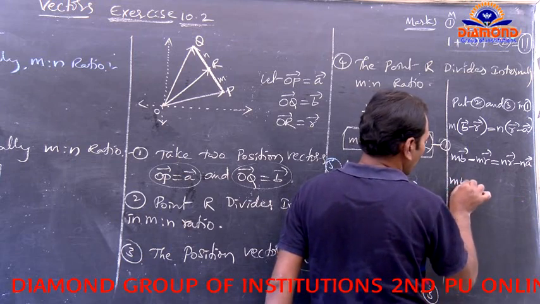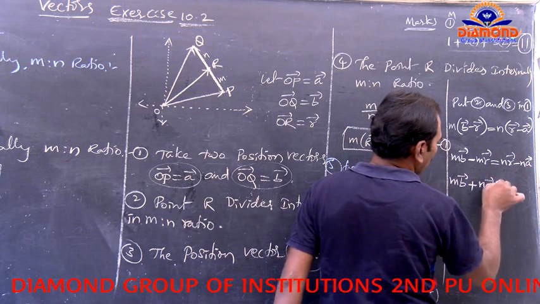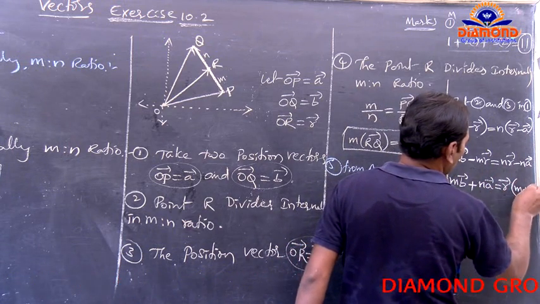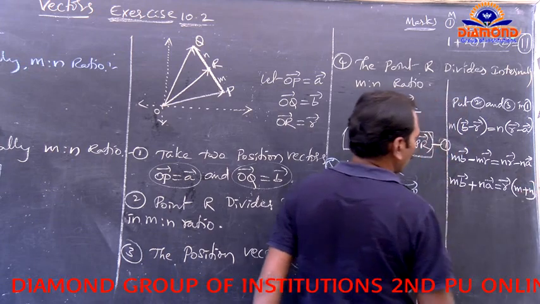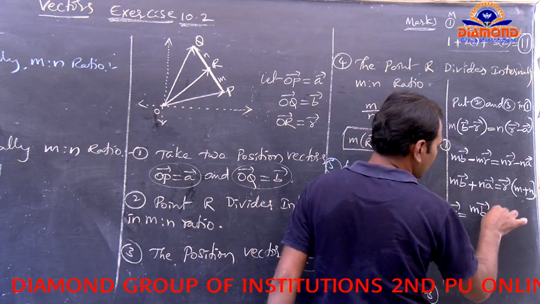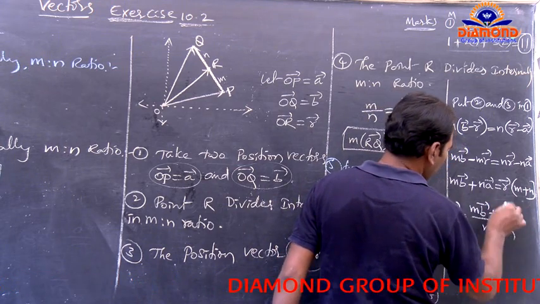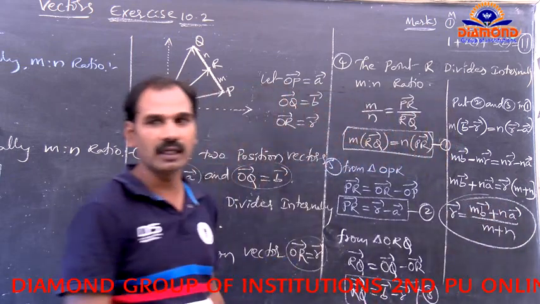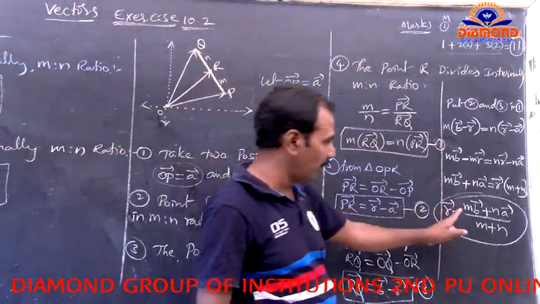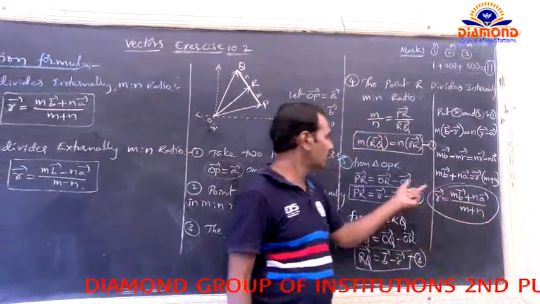It means M B bar plus N A bar equals R bar into (M plus N). R is common. So R bar equals (M B bar plus N A bar) divided by (M plus N). This is internally. So simple.